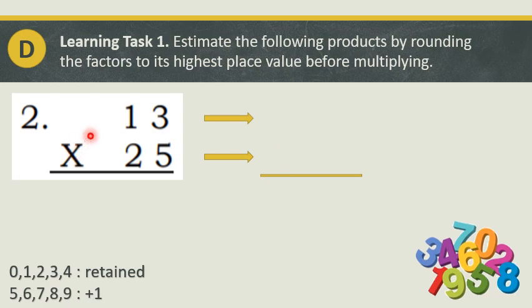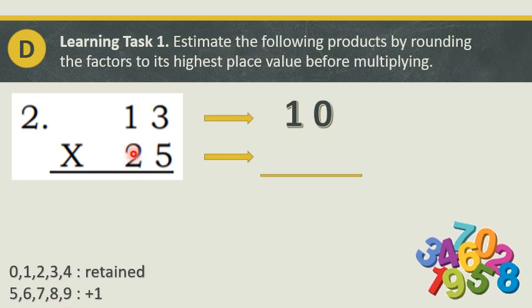Sa number 2, ganun uli. Ang gagawin muna natin is to round off yung 13 and 25. Ang 13, since ang katabi ng 1 ay 3, ito yung 3 retained, ibig sabihin yung 1 ay as is pa rin siya. So, kaya siya magiging 10. Then 25, so ang katabi ng 2 is 5, eto siya, mas malaki siya.